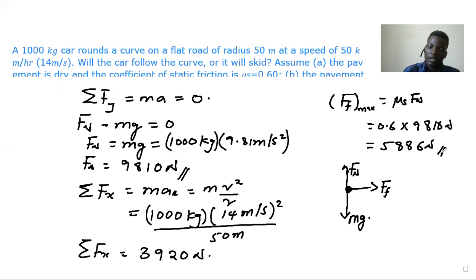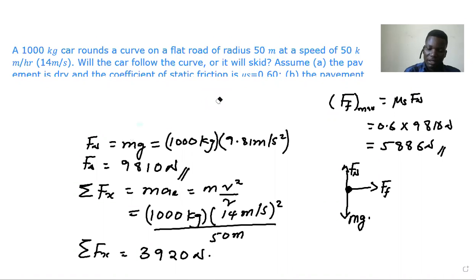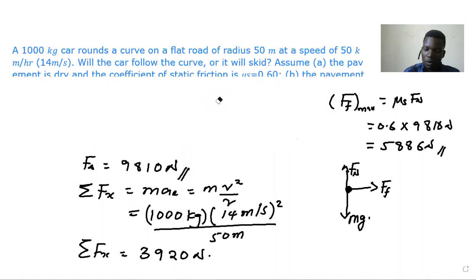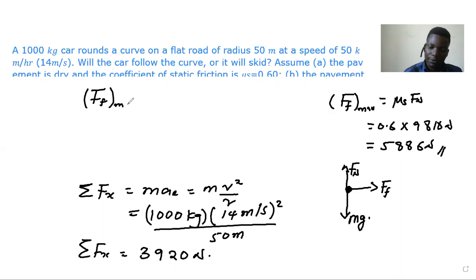Okay, so we get to B, where the pavement is assumed to be wet, and then we do the same. Oh no, we calculate the maximum static friction force.